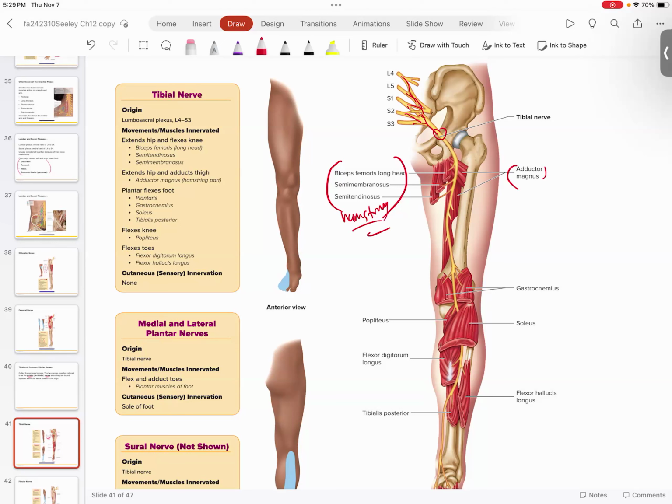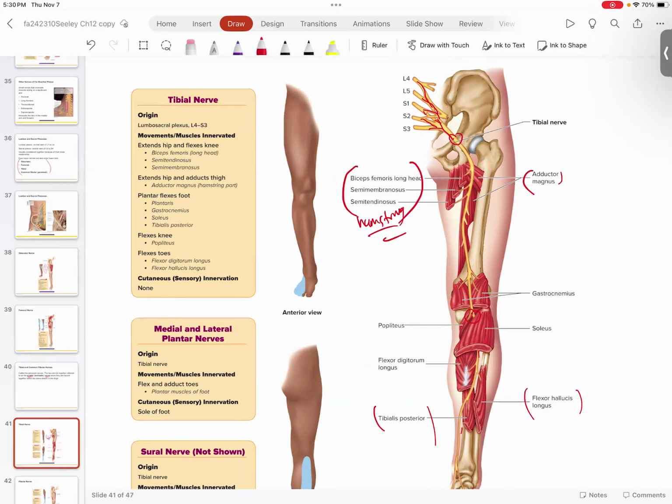And then it'll go down the back side where it'll innervate the gastrocnemius and the soleus. And it'll go all the way down the backside of the tibia, where it'll innervate the flexor digitorum longus, the flexor hallucis longus, and the tibialis posterior. So this is a really important one. This is a major, major nerve. It's really hitting on most of the leg.